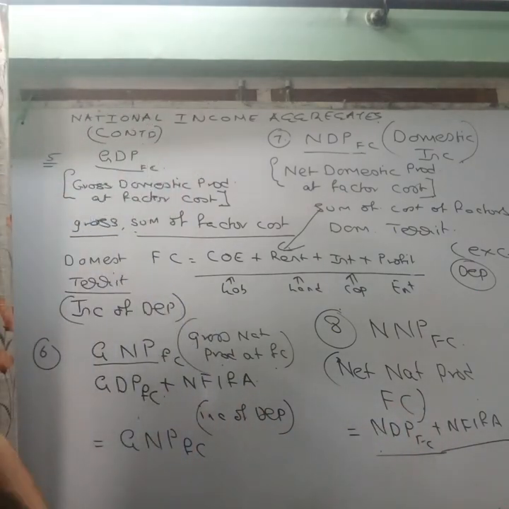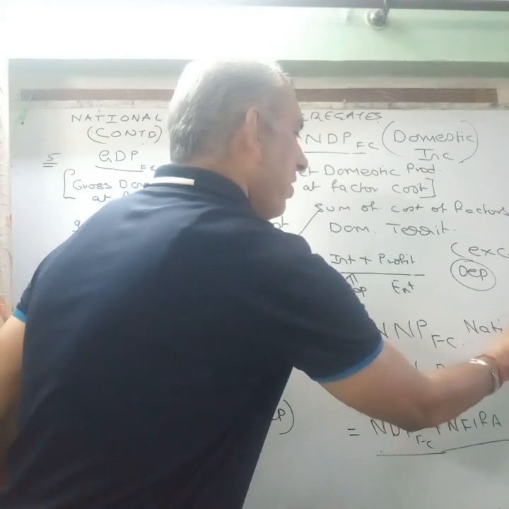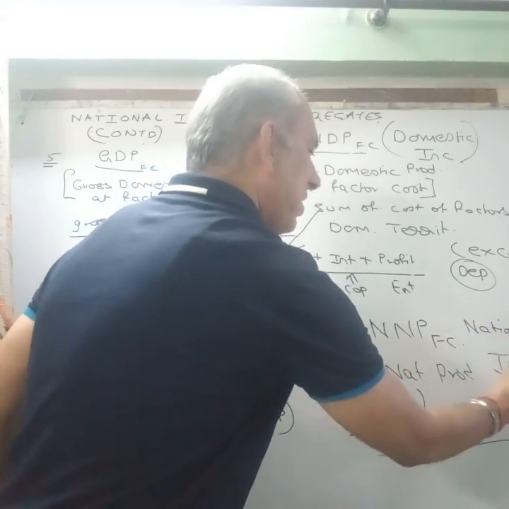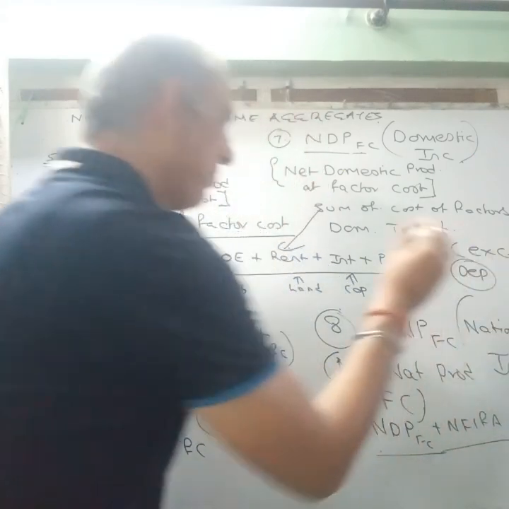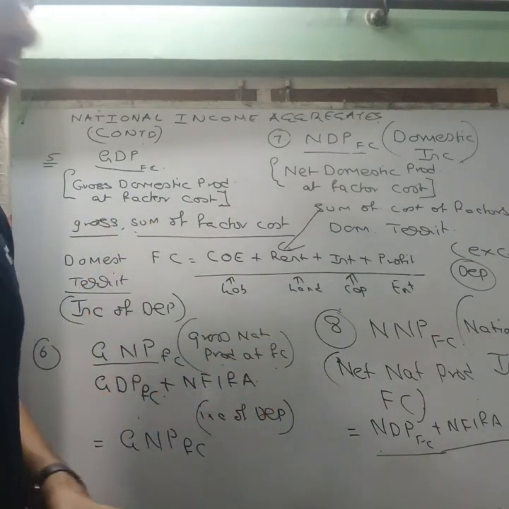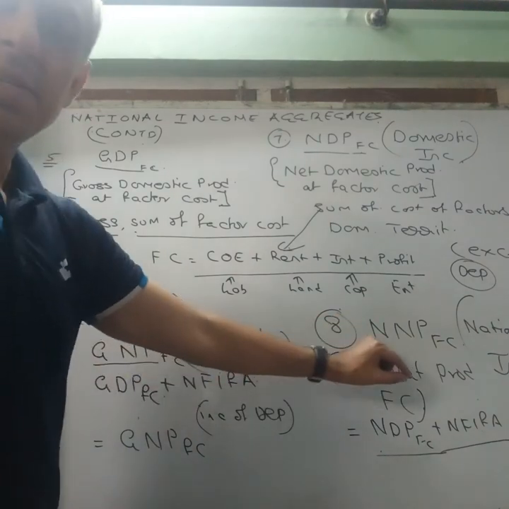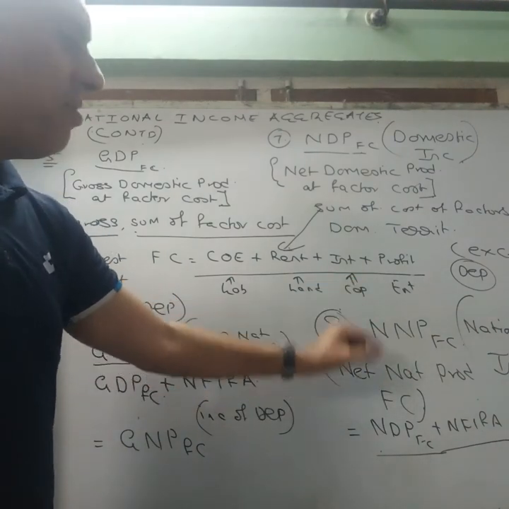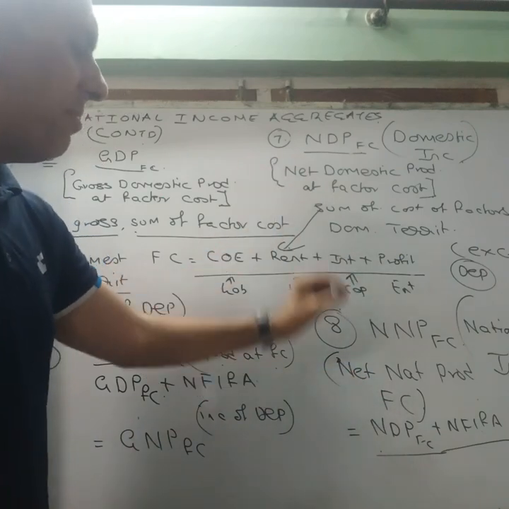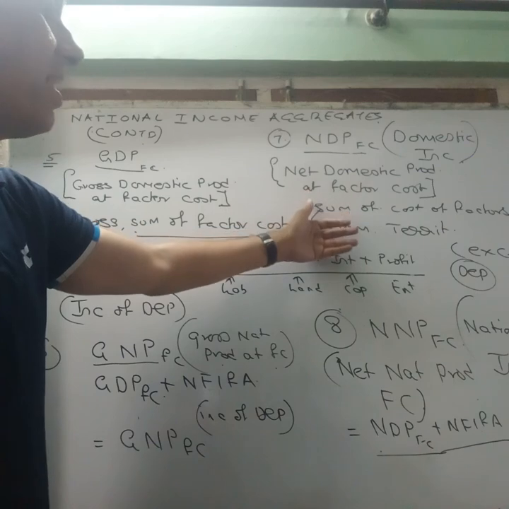Clear? Now, very interestingly, NNP at factor cost in simple terms is also referred to as a country's national income. What is it referred to as? Country's national income. It is the sum of factor payments which we make on the basis of residentship rather than on the basis of domestic territory.